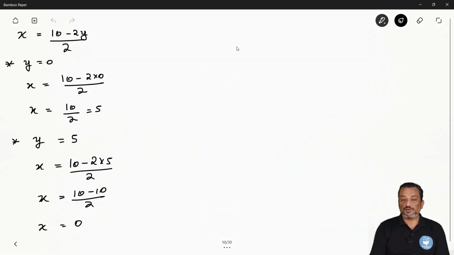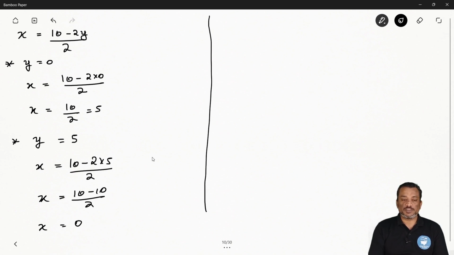Now based on that we will have to draw the graph. So we will draw the graph. So here we will taking a graph. Okay, so this is your x and y axis.